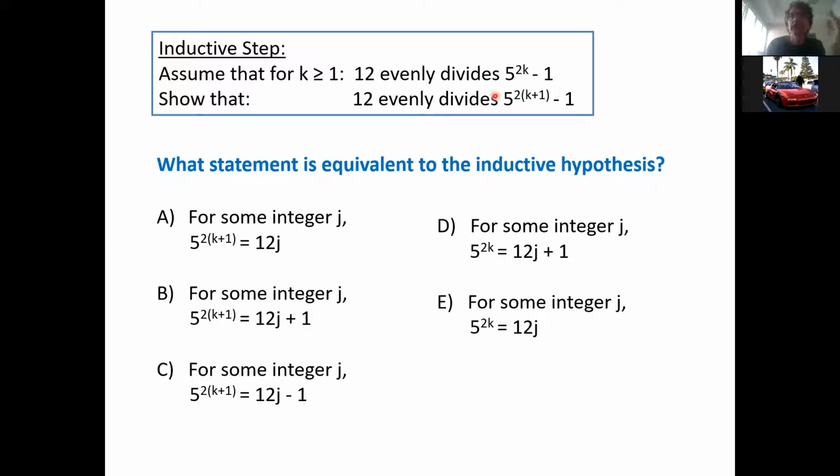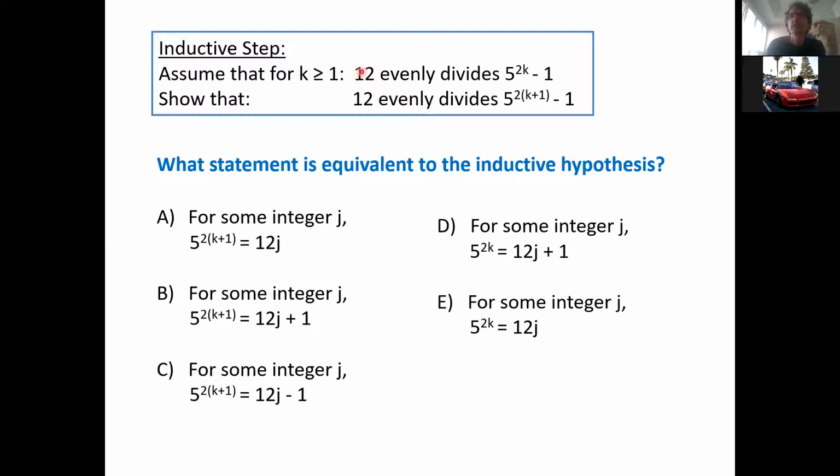So the inductive step will be that for any positive k, if 12 evenly divides this expression, then 12 also evenly divides this one. Which of these statements is the inductive hypothesis?